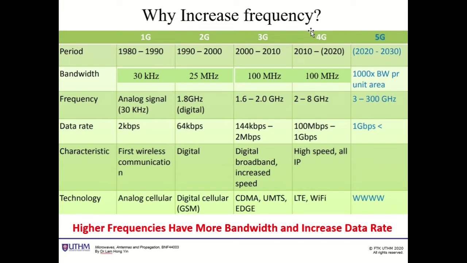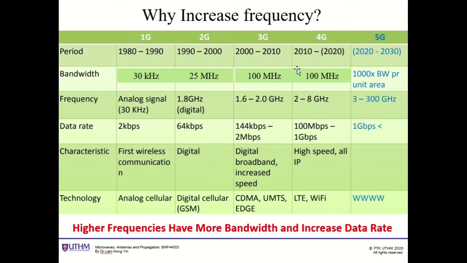Then at 4G we go to LTE and Wi-Fi, where the speed is, I would say, 500 times faster, going up to 1 gigabit per second. The frequency used is 2 to 8 gigahertz. In Malaysia, for 4G we use the 2.1 gigahertz band. However, if you look at the bandwidth, it's still the same, 100 megahertz.